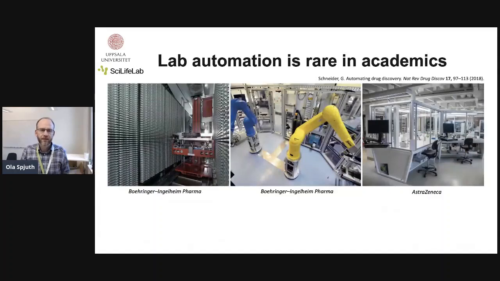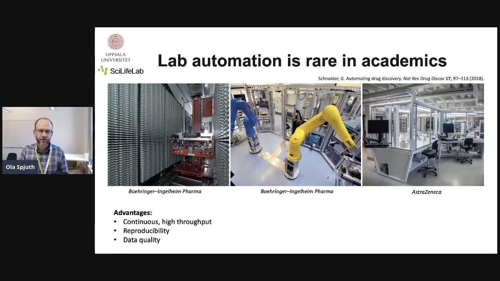But an observation that I make, at least, is that lab automation is relatively rare in academia. Here we have 3 images from pharmaceutical companies, which in many cases have more funding available for larger installations like these.